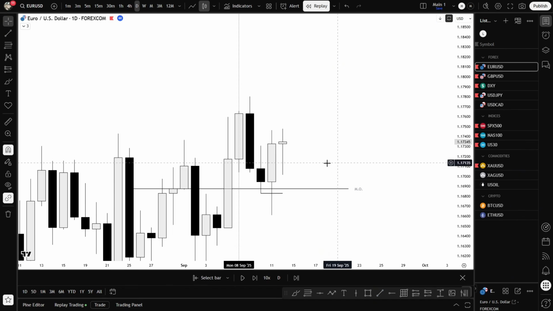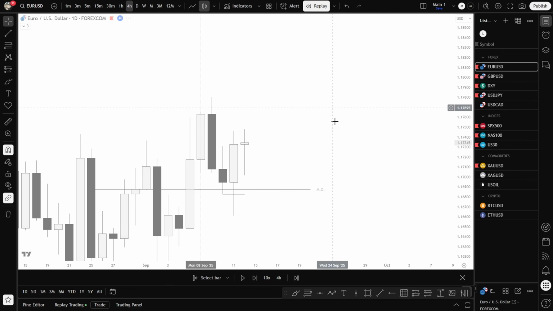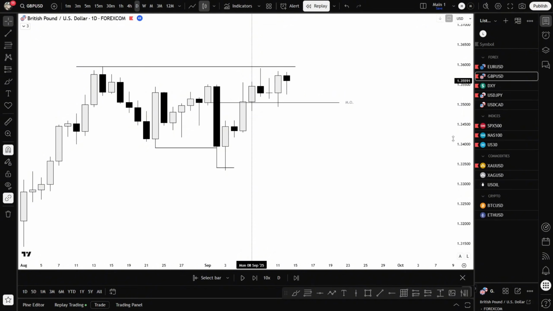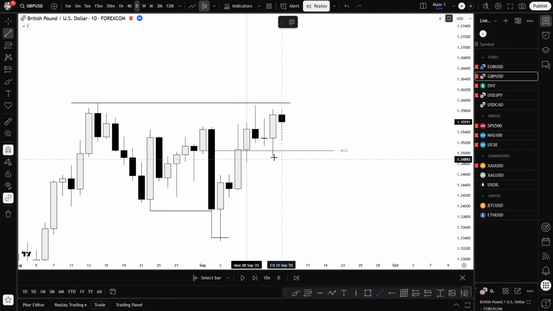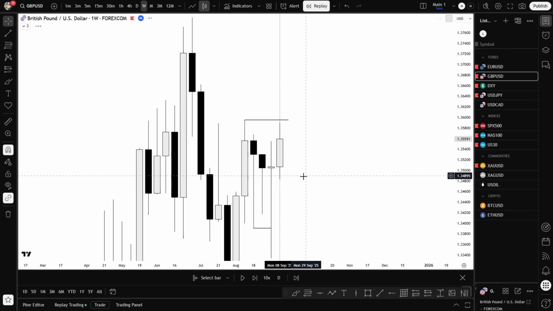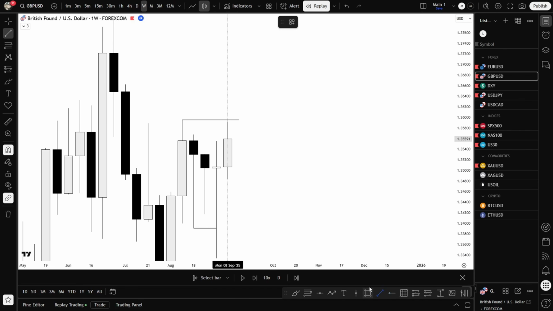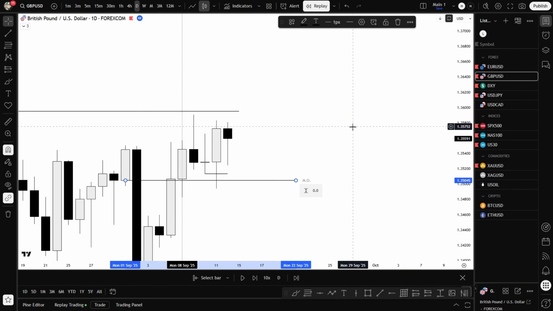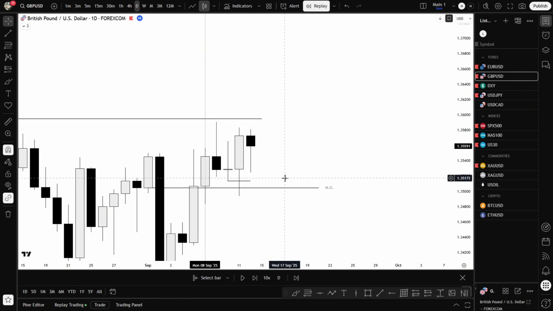An expansion, right? Now if we go to 4-hour, sorry, let's manage the GU, because we have GU manipulation. We have the opening price, right, as a key level. So manipulation to key level, and then the market is aligned.